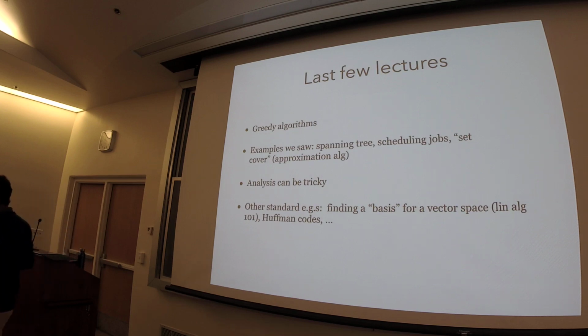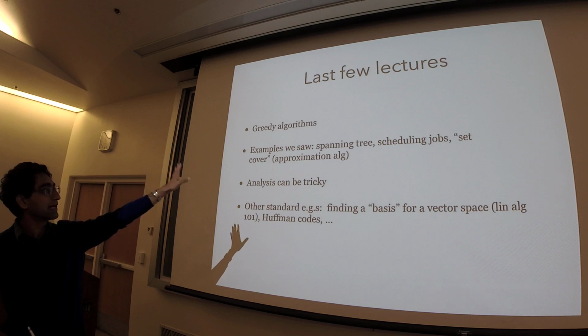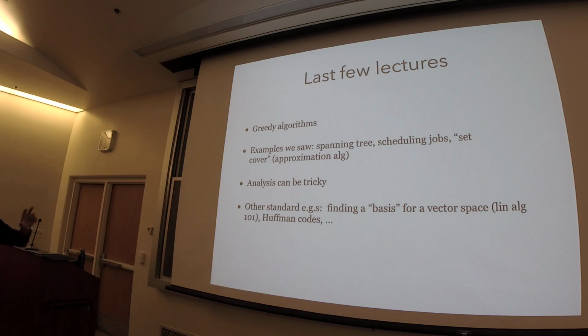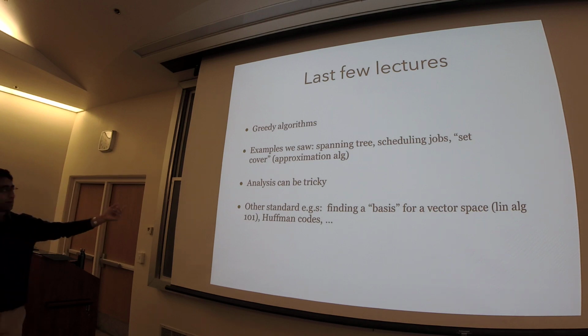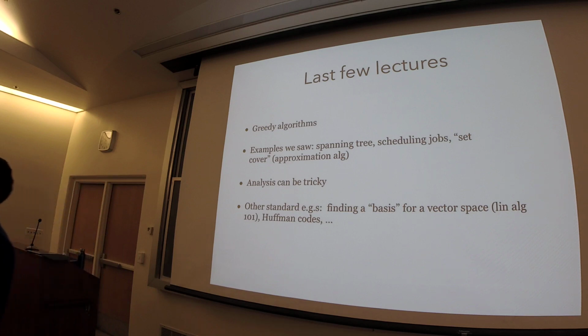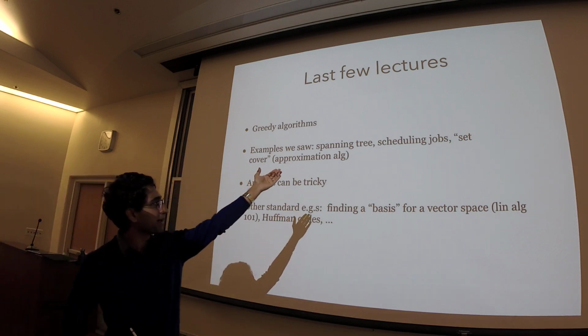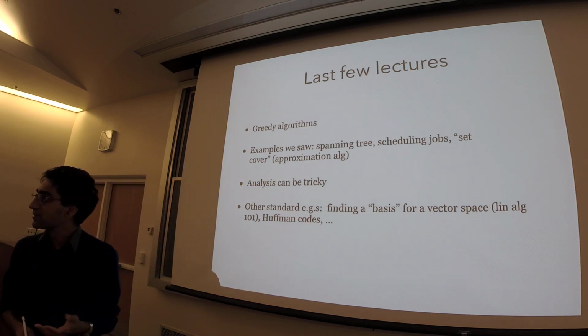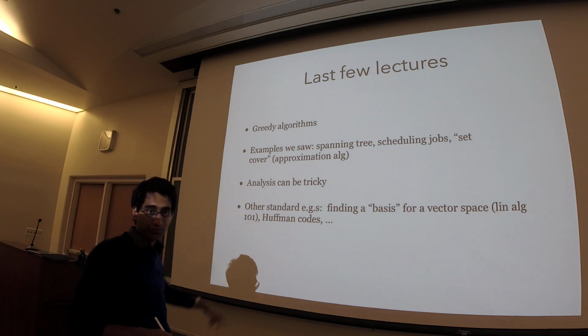Alright, so quick recap. We were doing greedy algorithms the last couple of lectures. The reason I have this slide is because last time I forgot to mention some other standard examples of greedy algorithms. We did a few examples: minimum spanning tree, and scheduling jobs, and you'll see a bunch more in your homeworks.